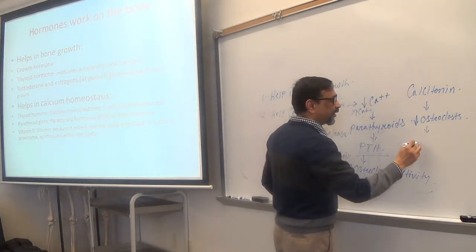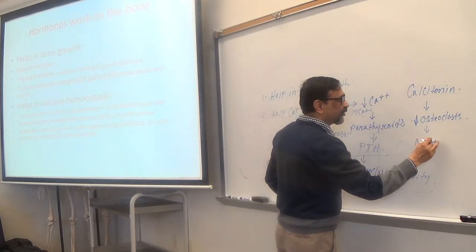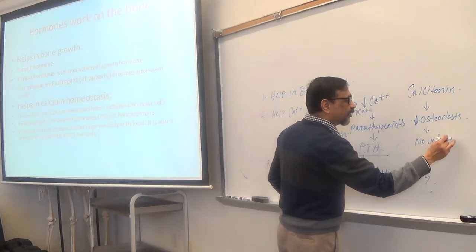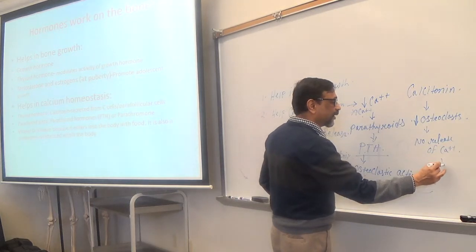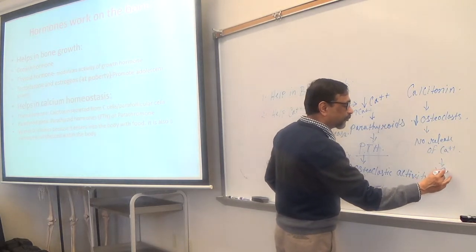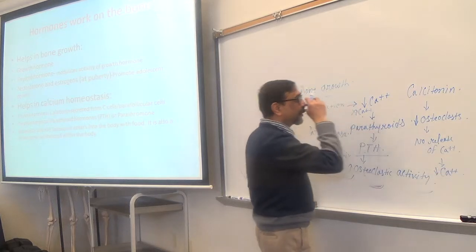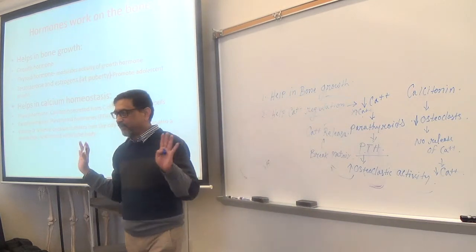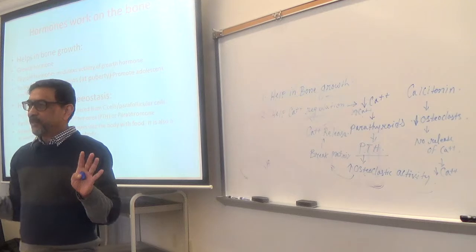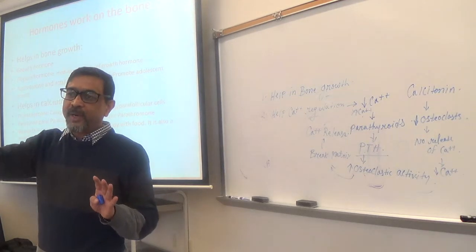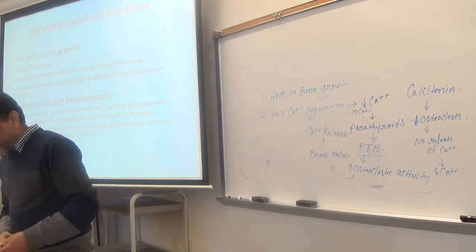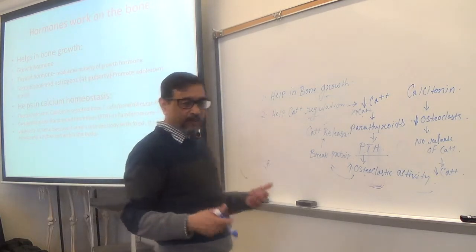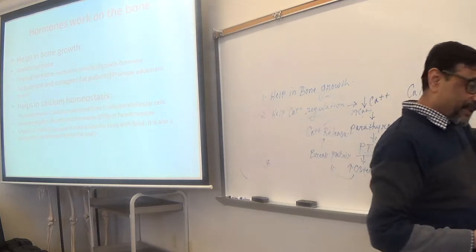No breakup of matrix, no release of calcium. Okay? So blood calcium will go down. So just the opposite. If you know one, you know another. Does it make sense? If you know how parathyroid hormone works, calcitonin is opposite. So that's the main way the hormones regulate the calcium.